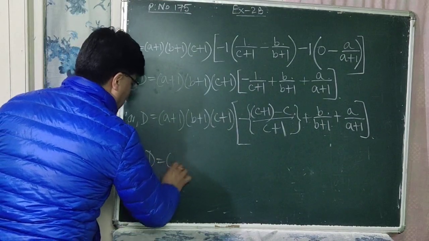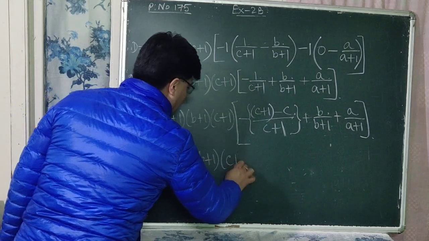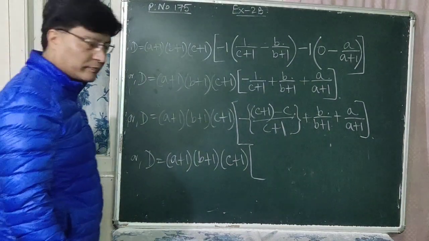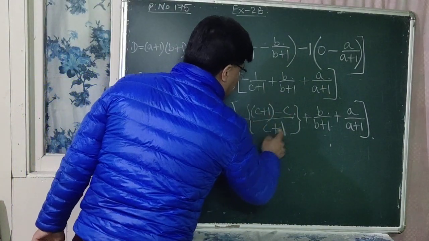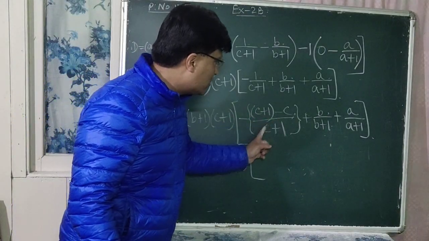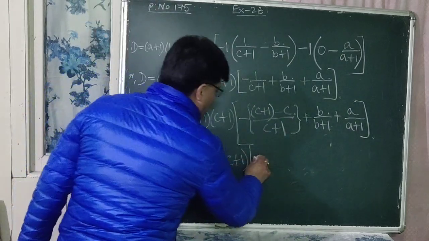Or D is equal to a plus 1 into b plus 1 into c plus 1. Now let us simplify it. So you can separate this fraction, isn't it? In the numerator there is c plus 1 minus c, divided by c plus 1. Let us separate this fraction. You can separate it.